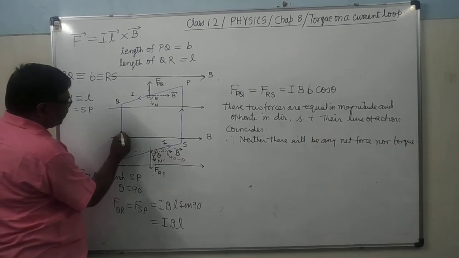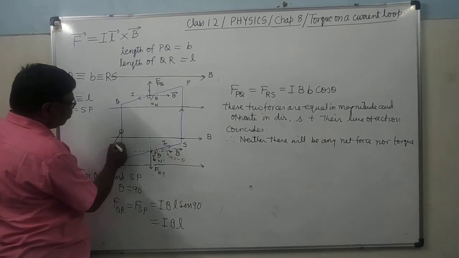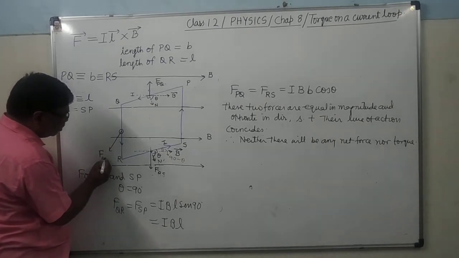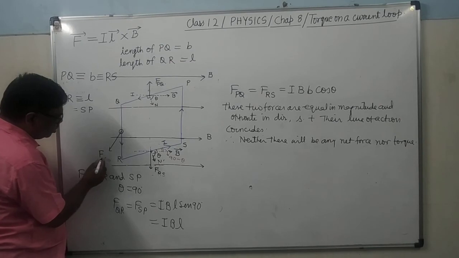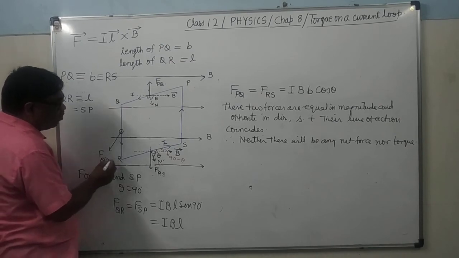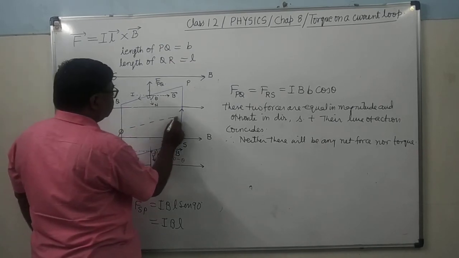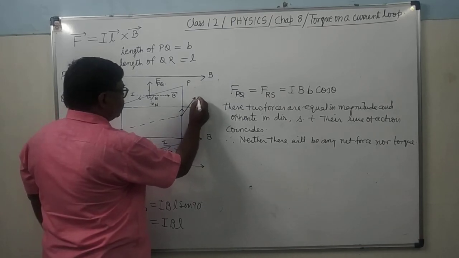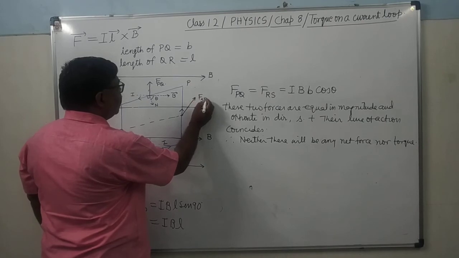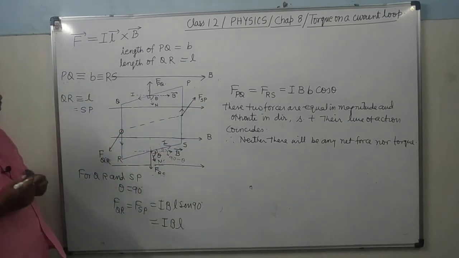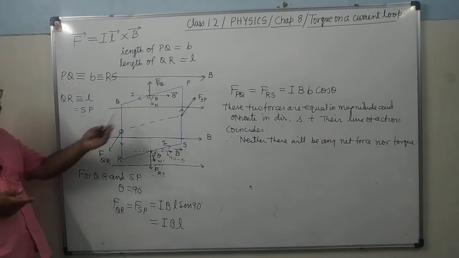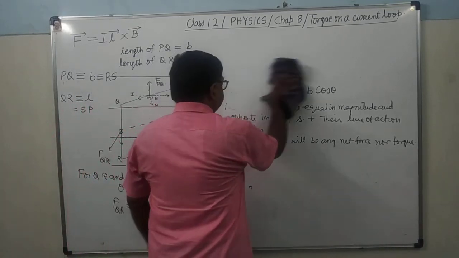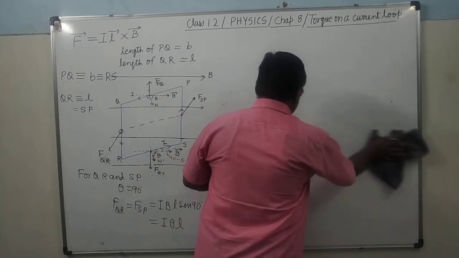Here force will act in the outward direction, FQR, and here force will act in the inward direction, FSP. It's clear? Means the force will act in this direction. If you draw it separately, it will be something like this.